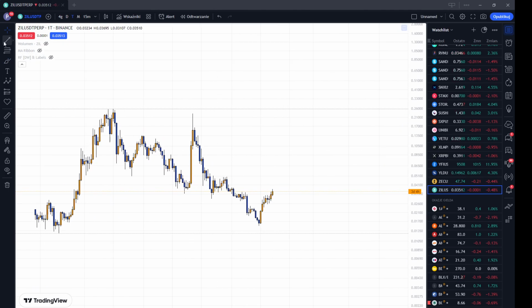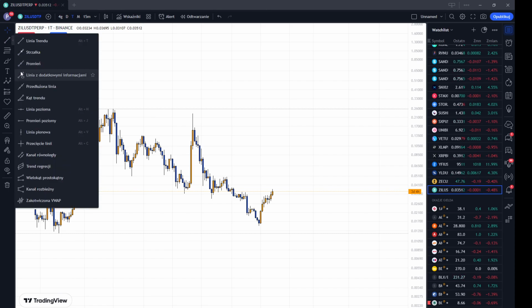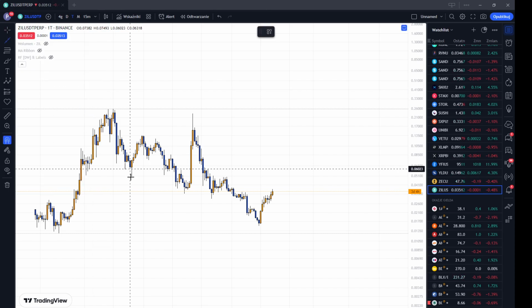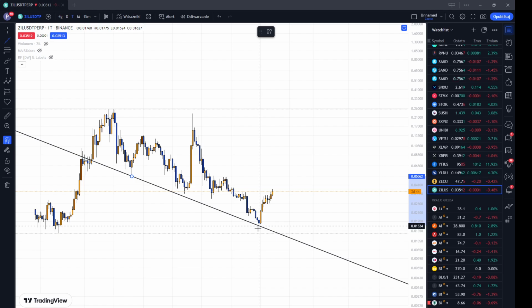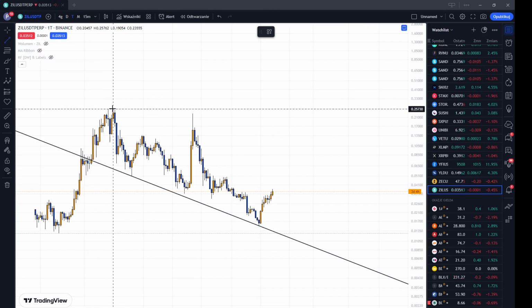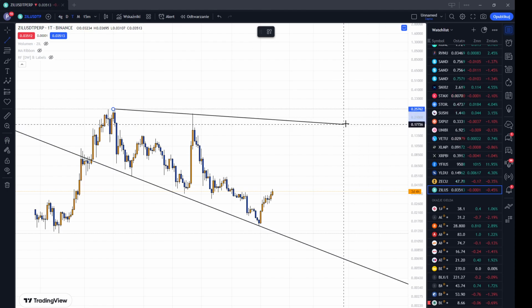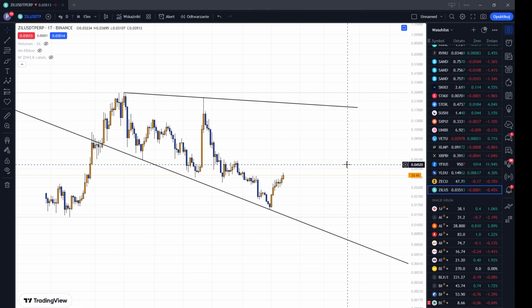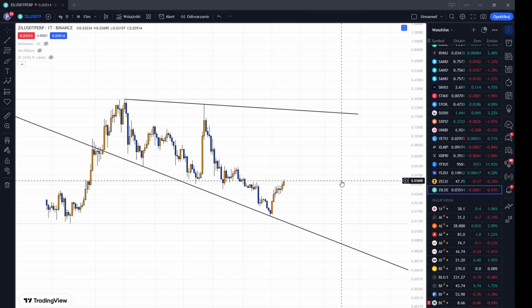But what I see as a pattern is when we get these lows connected, and then we also connect these two, it looks somewhat like a diagonal pattern.